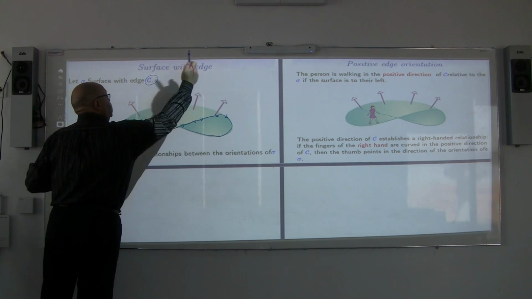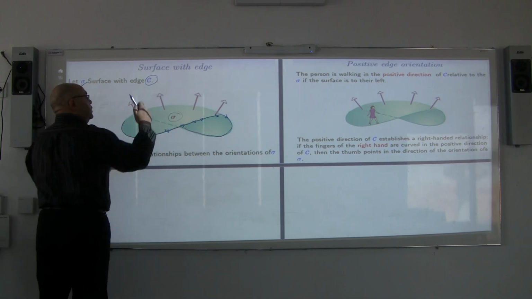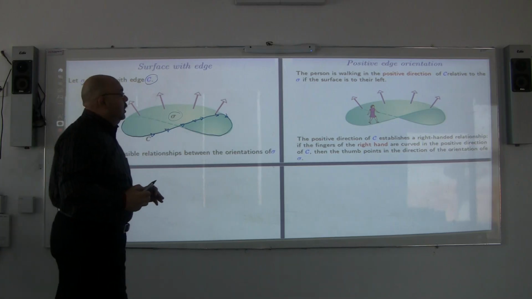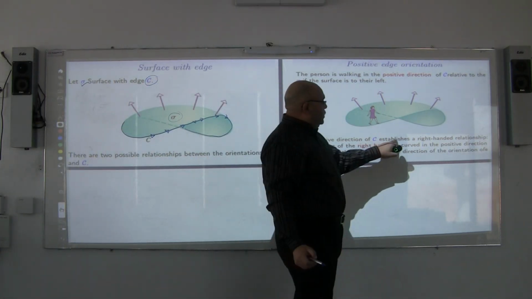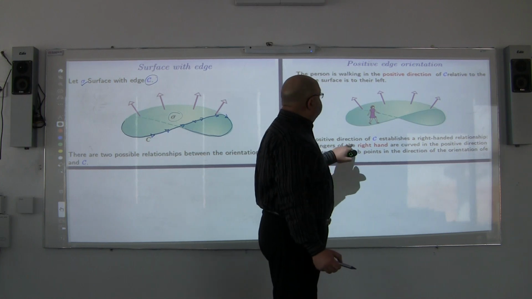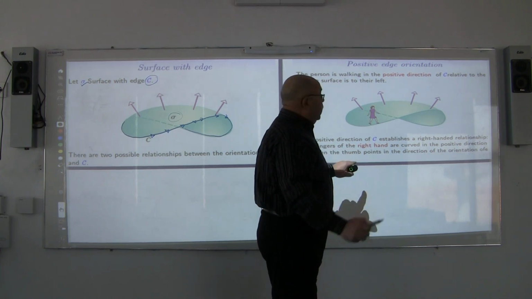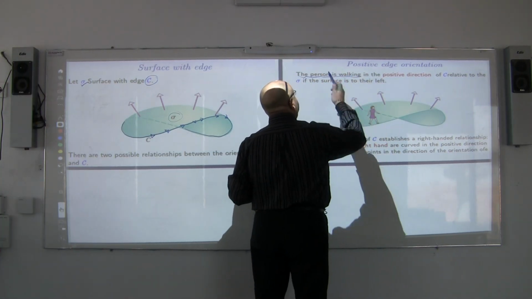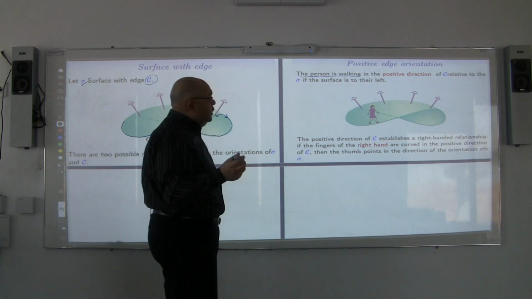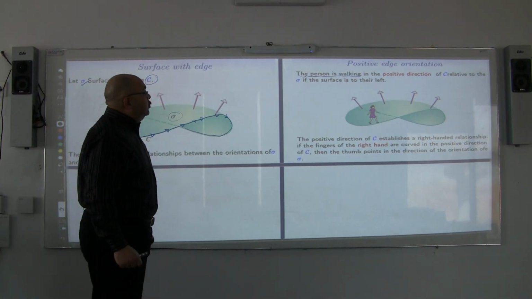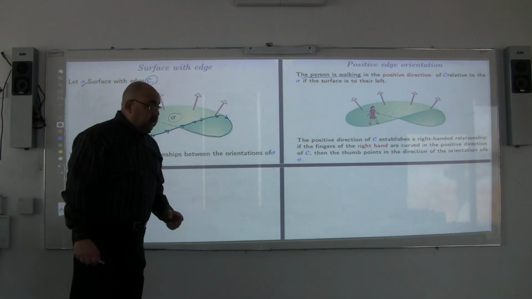And of course, this part is in the opposite direction. The positive direction of C establishes the right-hand relationship. He's talking about the right-hand relationship, but I myself would prefer this: if a person is walking in the positive direction on the contour relative to sigma, his left arm will be inside.